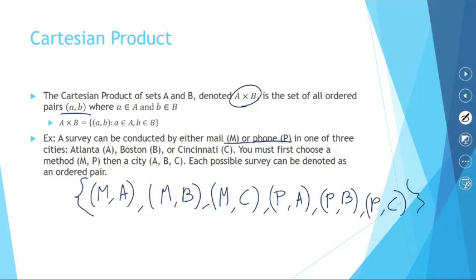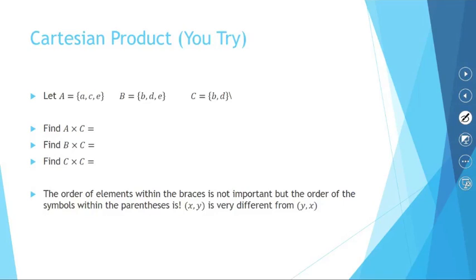So this is our set. Okay? That is your Cartesian product. It's bringing elements of your method set and your city set together. You're pairing each of them up with each other. So if we want to do that here, Cartesian product of A, C, so that's this set with this set.